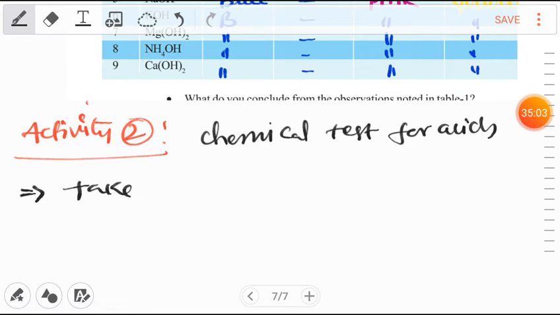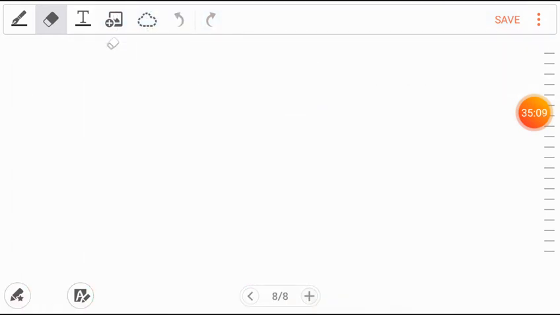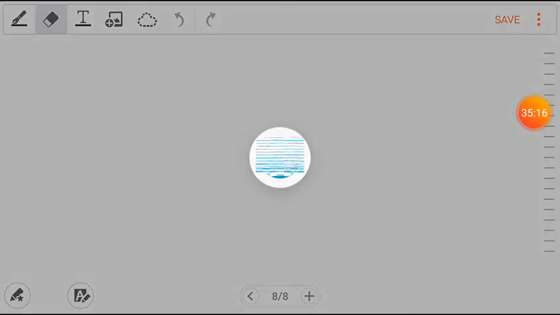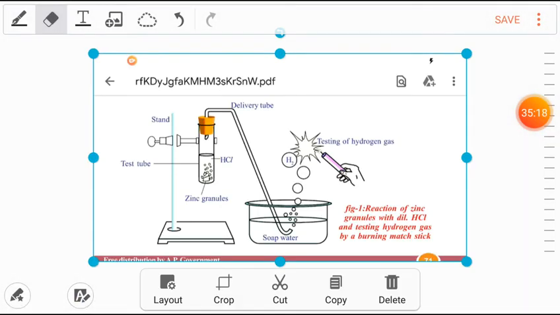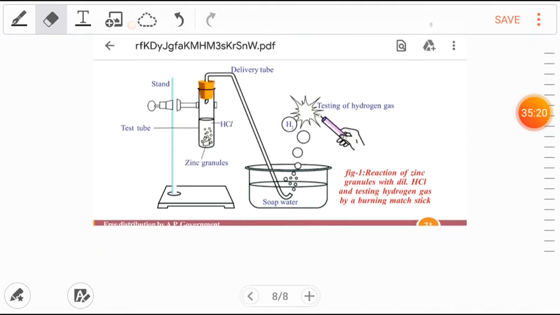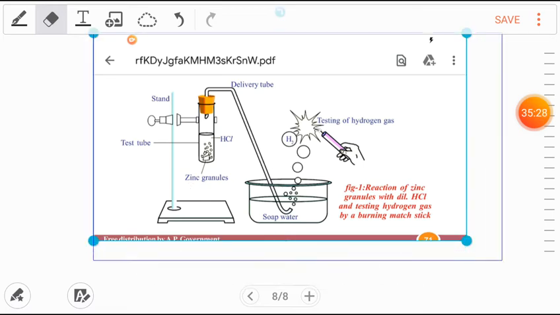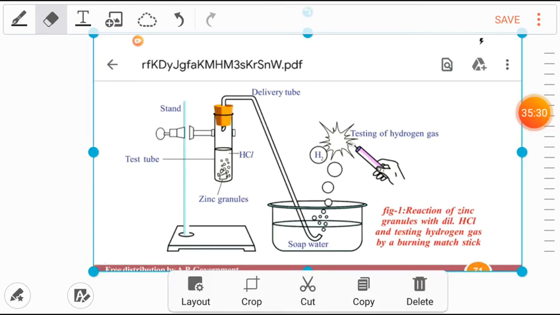We'll see the image first, then I can explain clearly. So this is the image. See here, you're going to take a test tube. In the test tube, HCl you're going to pour, and zinc granules you're going to take. I will enlarge this so you can see it clearly.